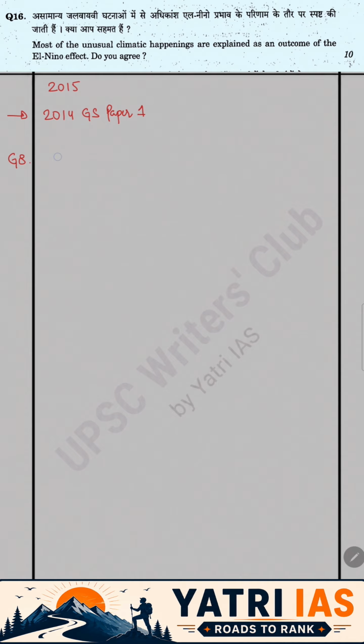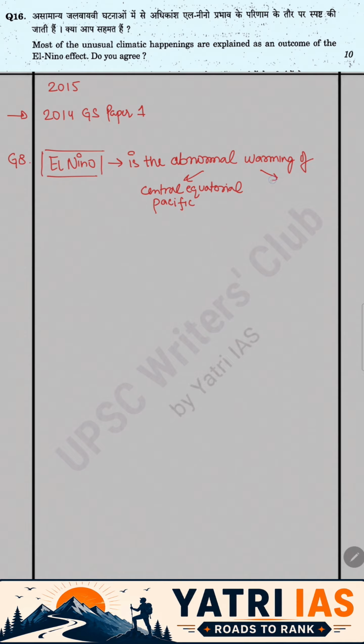And the demand of the question is concentrated around El Nino. So you would start your answer with its definition, that what is El Nino, and you don't need to mention a very high ending definition. You just mention that it is the abnormal warming of central equatorial Pacific and eastern equatorial Pacific.